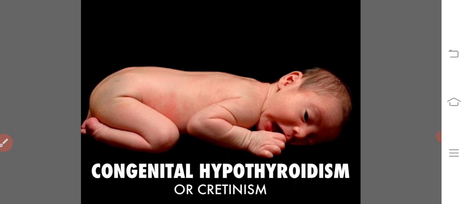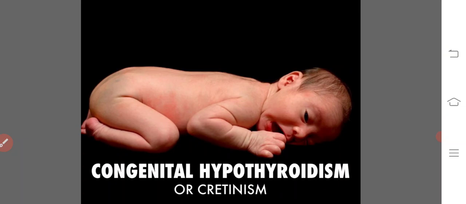But in the case of cretinism, which is due to hypothyroidism in children, that leads to abnormal development of the nervous system. The nervous system may not develop properly, with abnormal growth and abnormal maturation of the tissues, and that may lead to mental retardation of the child, and they look like a dwarf with short stature, and this form is called the cretin, and the disease is called cretinism.